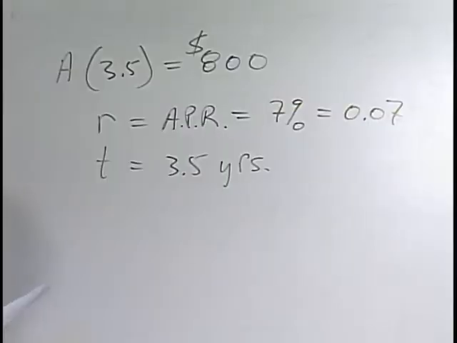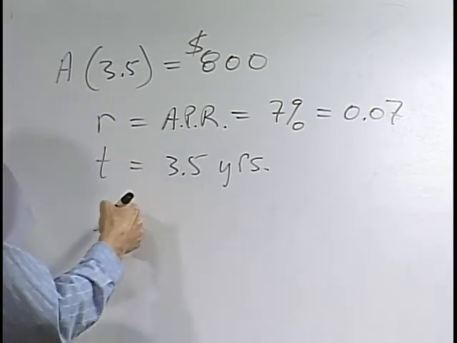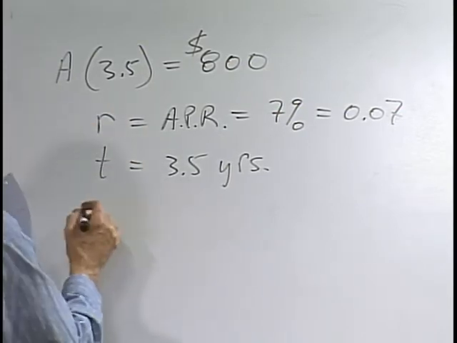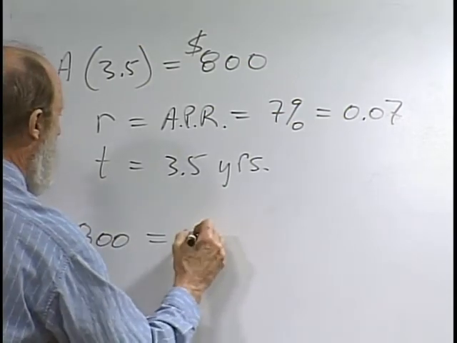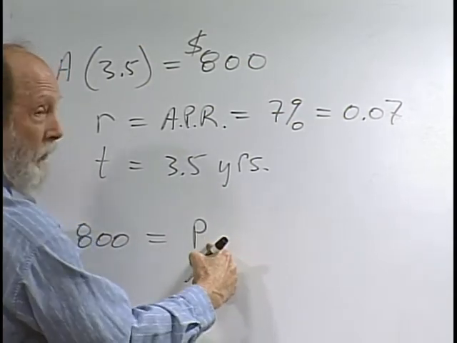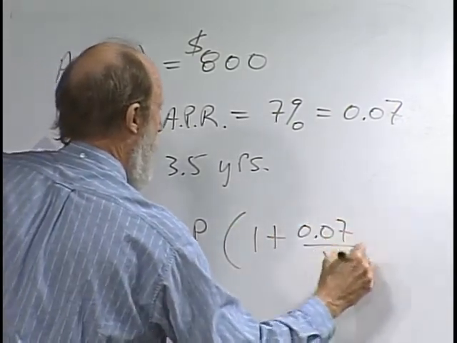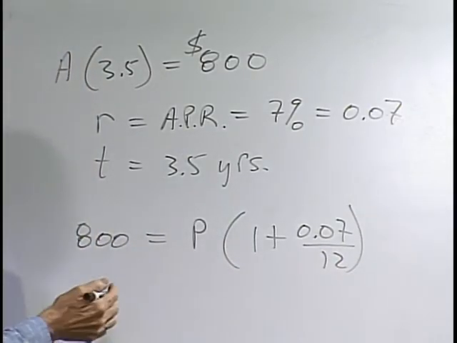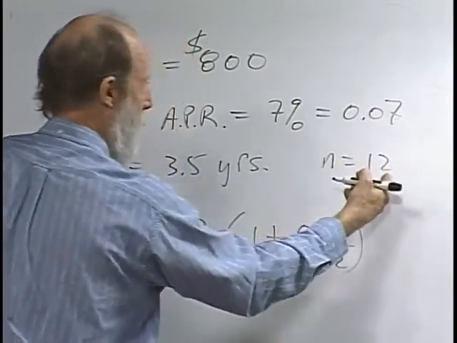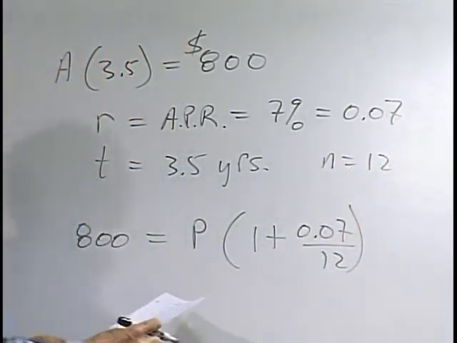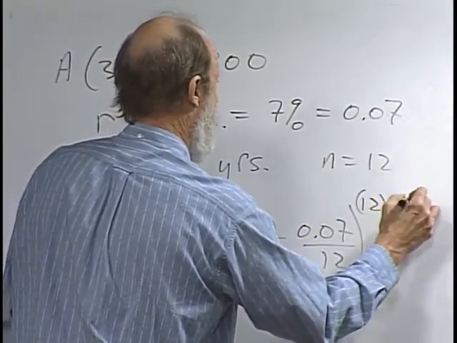Okay, without going through all of that work, we ended up with the present value. By dropping these into the compound interest formula, we ended up with the 800 being equal to the present value, or the initial value, times 1 plus 0.07 divided by 12. Oh, we're doing also, I believe, monthly compounding here. Yeah. So we have to have n equal to 12 times per year. And this is raised to the exponent then of 12 times 3.5.